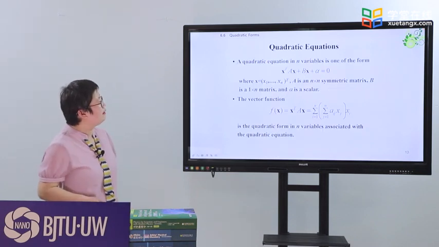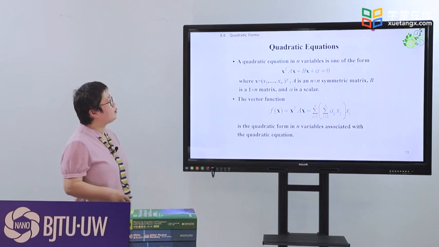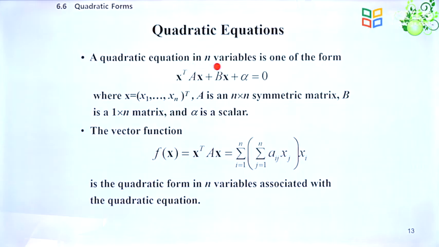Okay. Now we consider quadratic equations. A quadratic equation in n variables is one of the form x transpose times A times x plus B times x plus alpha equals 0. Here, A is an n by n symmetric matrix, and B is a 1 by n matrix, which means B is a row vector, and x is an n-dimensional column vector.